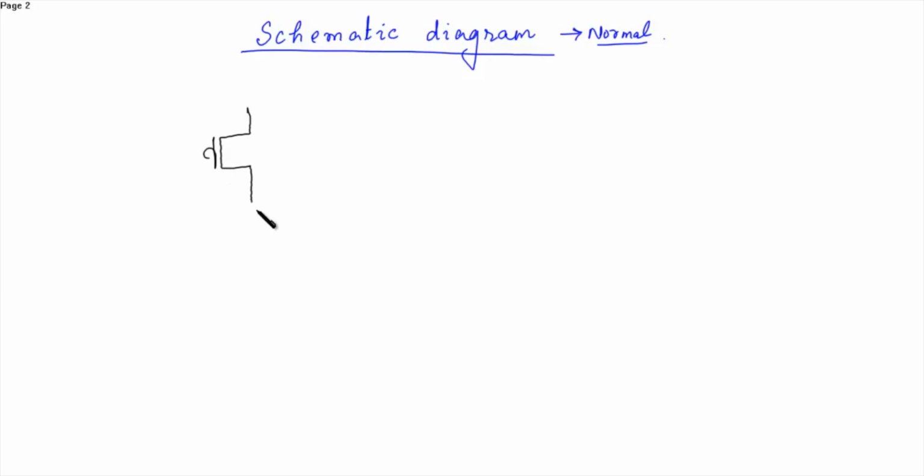This is the PMOS. This is the NMOS. This is connected to VDD. This is connected to ground. Let's say this is select, then the obtained output will be select bar. This is, let's say, P1, this is N1.